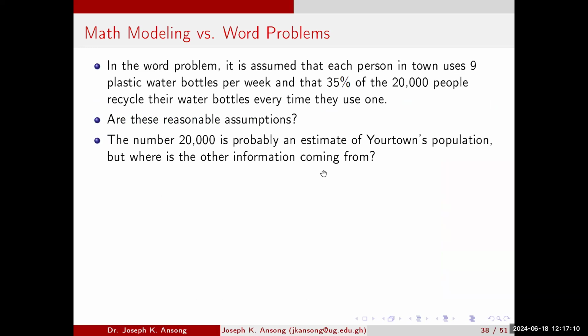Okay. For example, here you are told that the population of your town is 20,000. Well, is it actually 20,000 or is that an estimate? It's likely to be some estimate. Is it true that each person in your town uses 9 plastic water bottles per week? This number is probably an estimate.